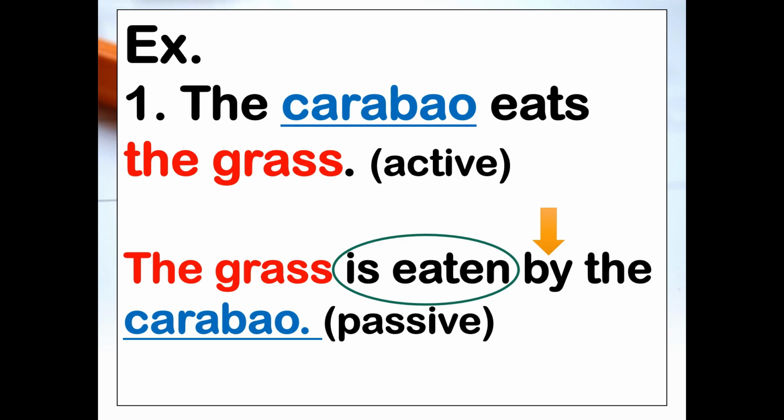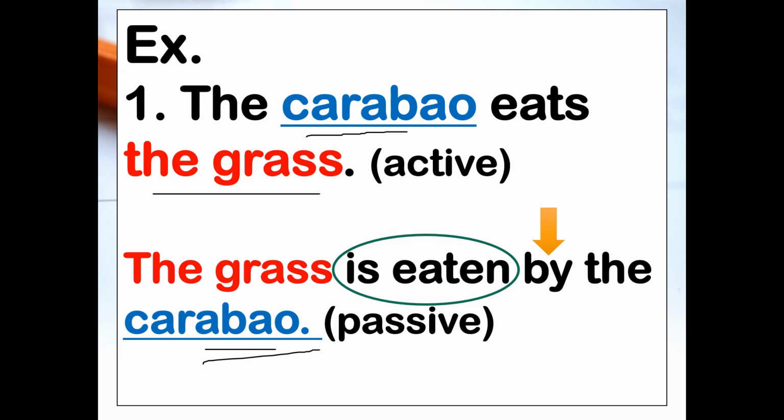Right, so let's have a clear look of the two sentences of active and passive. So obviously, we have here the carabao eats the grass, active, and then the grass is eaten by the carabao. So as you can see, here we have the carabao. It's the subject of the sentence. And right here, it's already in the predicate part of the sentence.